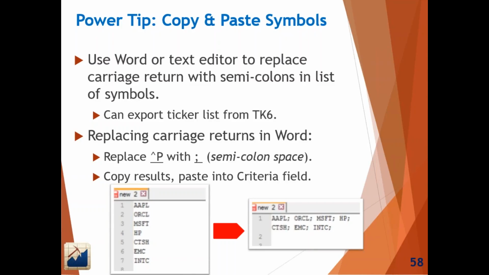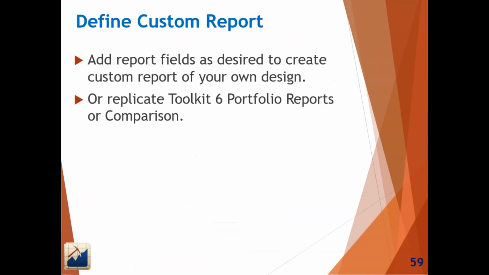You'll get a list of ticker symbols and you can quickly do a search and replace in Word or a text editor and very quickly have a report of all of the companies you're interested in, just by copying and pasting that information into the program to find that custom report. And when you do that, you can create your own report.